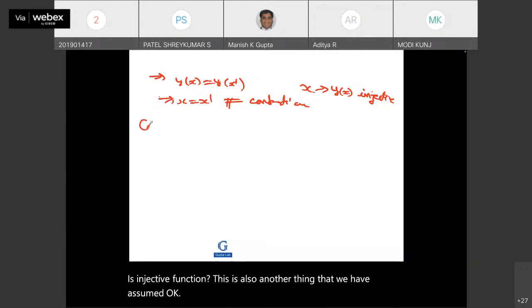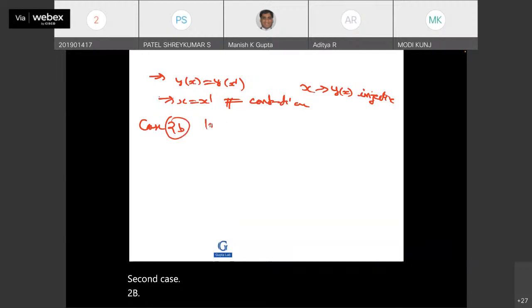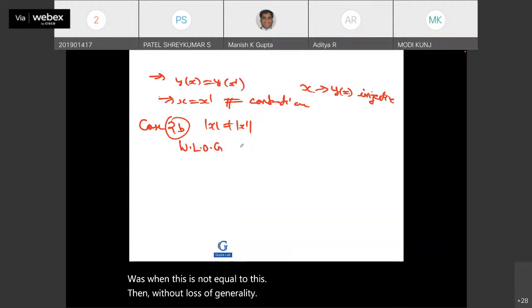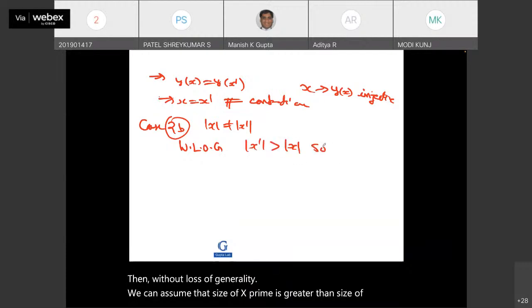Second case, 2b, was when this is not equal to this. Then without loss of generality, we can assume that size of x prime is greater than size of x. So l is greater than k.